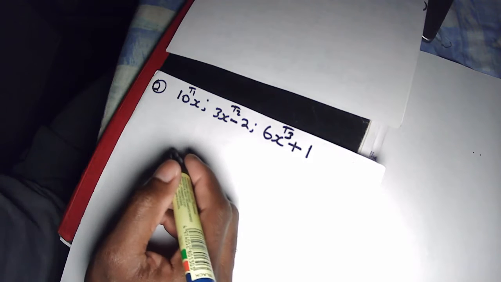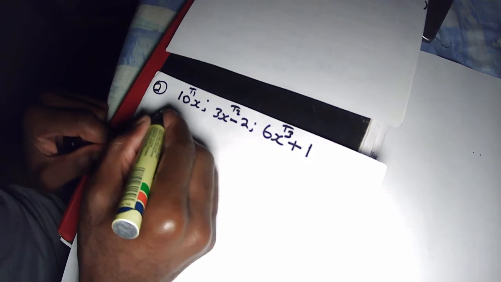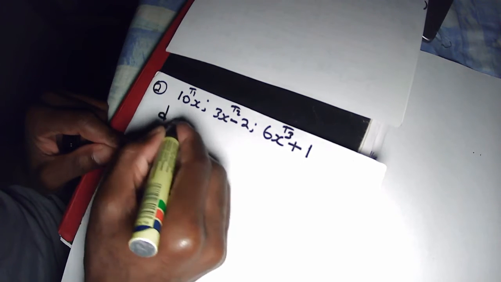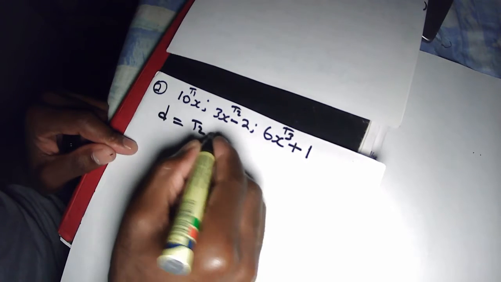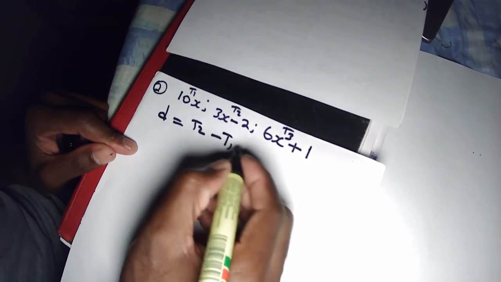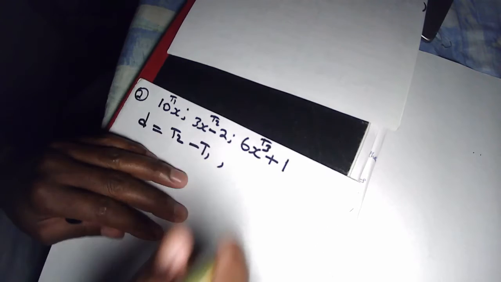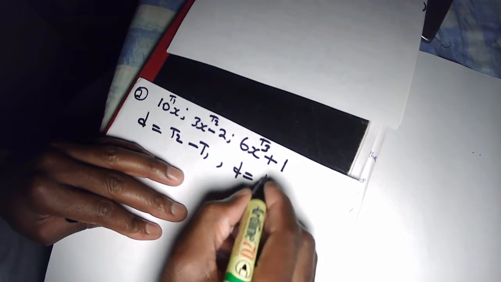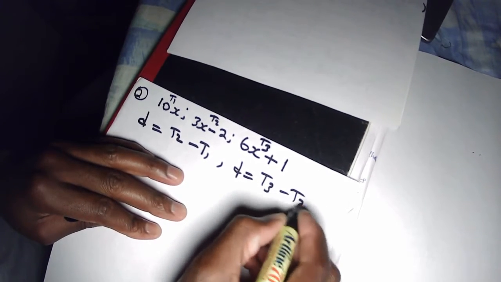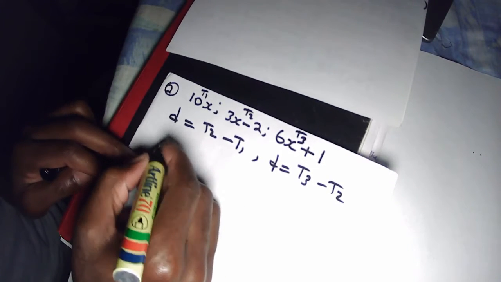All right, now what we're going to do, we are solving for x, so we're going to calculate D. D is T2 subtracting T1, as well as D is equal to T3 subtracting T2, right?